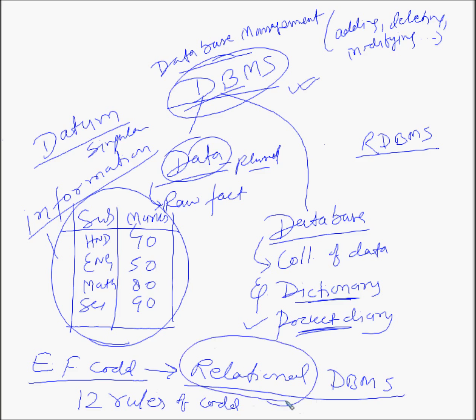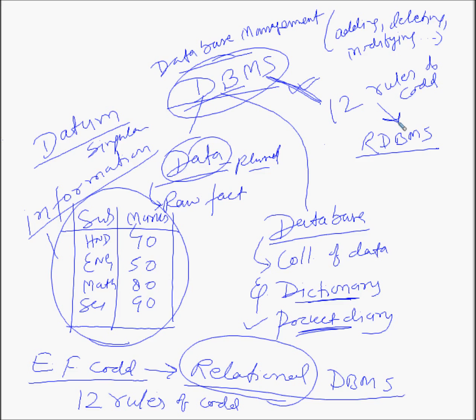So we can say if this DBMS follow 12 rules of Codd, then this DBMS will become RDBMS. Clear? Okay. So most of the RDBMS are following the concept of Codd. Not exactly all, but it is almost.